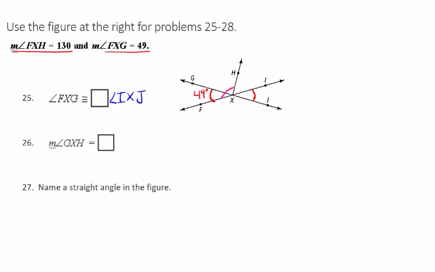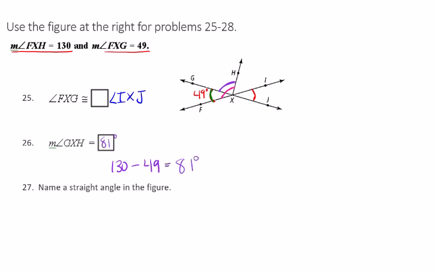So we know that that angle is 130, and then we just talked about the fact that this is 49 from here to here. So what would the remaining amount be? How would we find that? And if you said to subtract, you're right, we would do 130, the measure of the entire angle here, right, minus 49, and that'll give us the measure of GXH. In this case, it'll be 81 degrees.